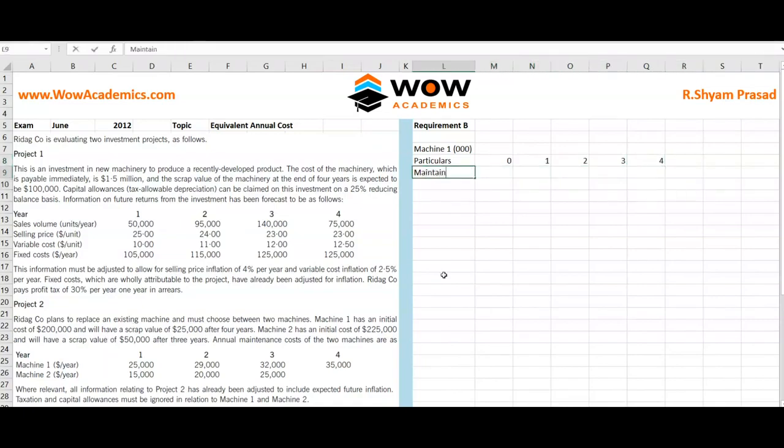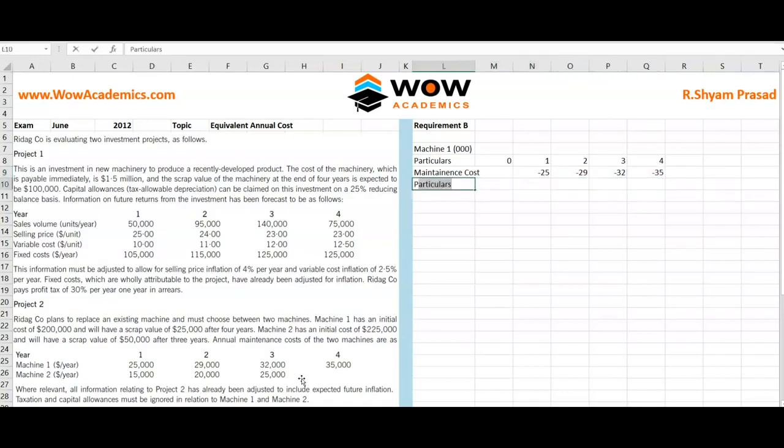So we'll start from the maintenance cost. Maintenance cost is 25,000, again it comes to 29,000, then it is a negative 32,000, and finally a negative 35,000.